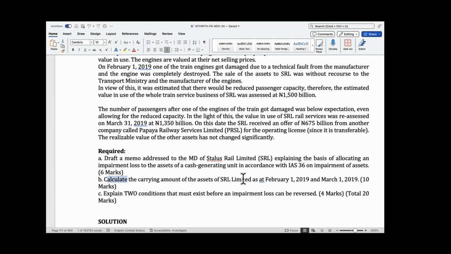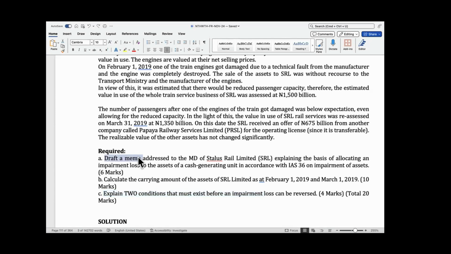That's another 10 marks. C: Explain two conditions that must exist before an impairment loss can be reversed. So the A part, where we were required to draft a memo.